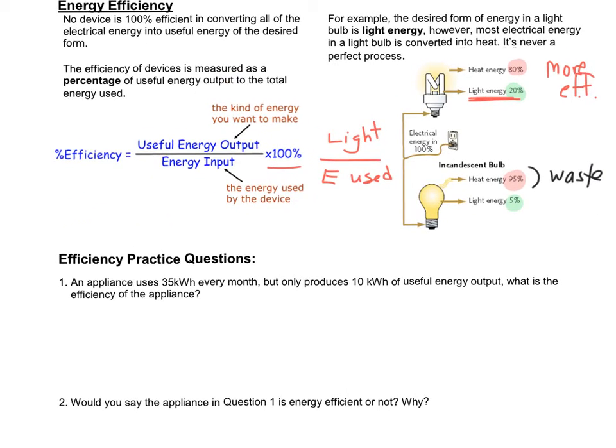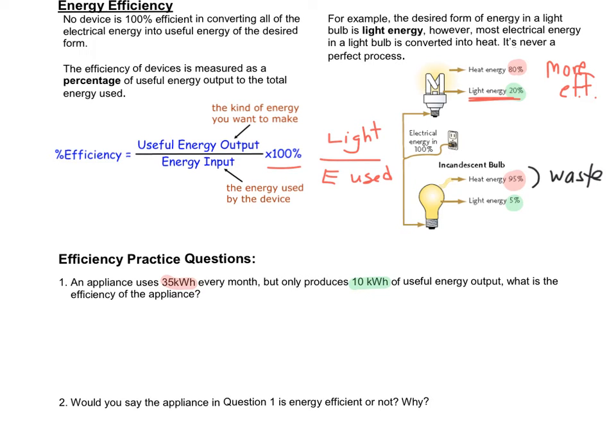So an appliance uses 35 kilowatt hours of energy each month. Notice our units are kilowatt hour, which is the unit of energy. And it produces 10 kilowatt hours of useful energy.